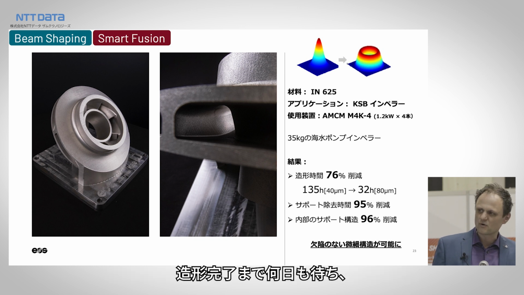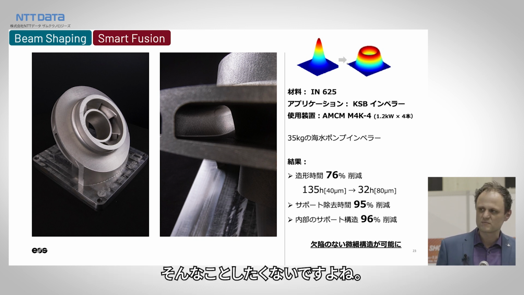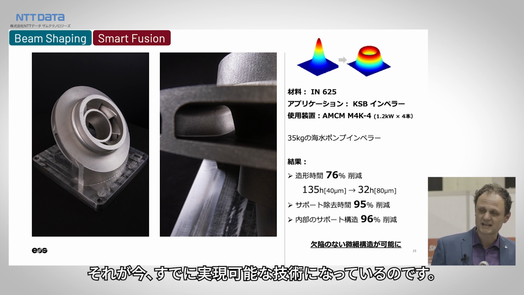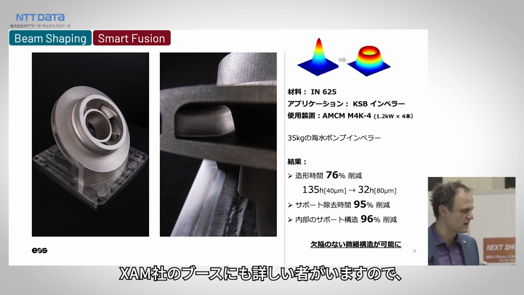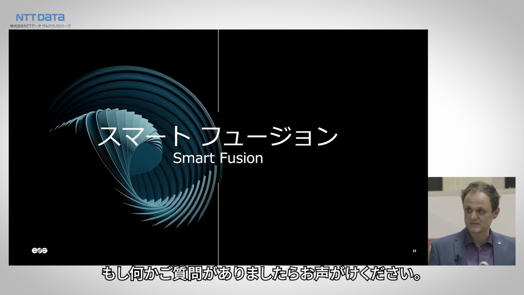So you don't want to wait days and days and days, and then something goes wrong, you have a power outage, or something goes odd with the machine, in order to have a successful print. You want those throughputs significantly higher. And here we have technology that can deliver that already today.